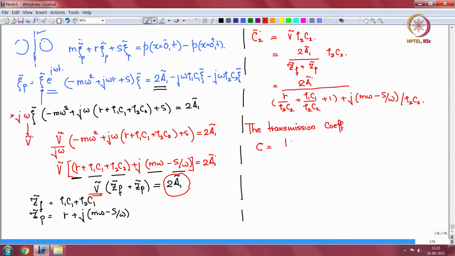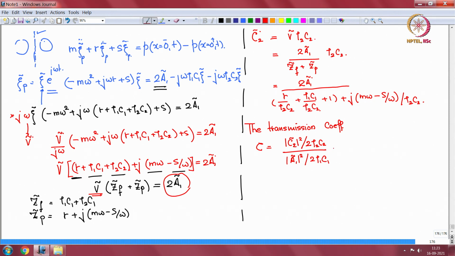So that is given by c2 tilde square by 2 rho 2 c2 by A1 tilde square by twice rho 1 c1.